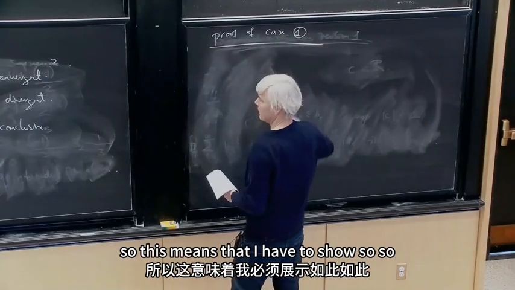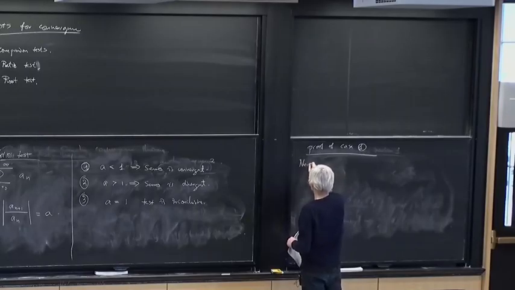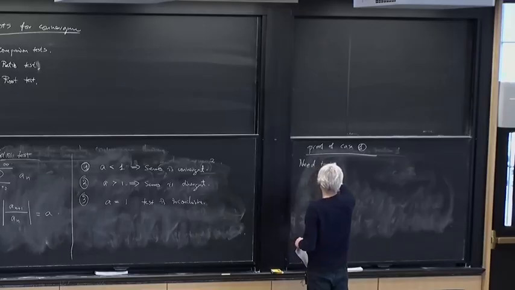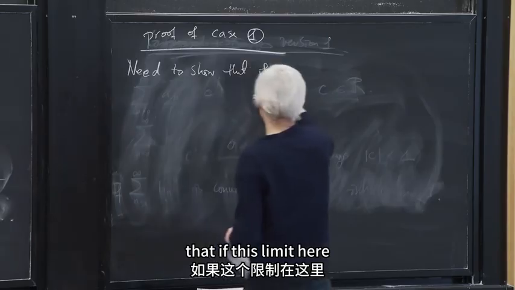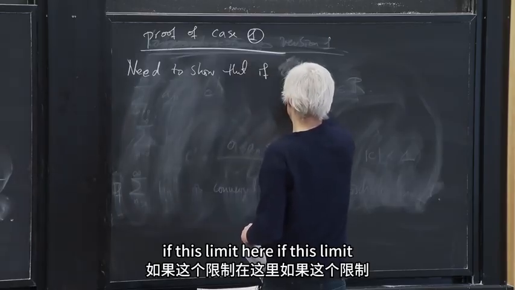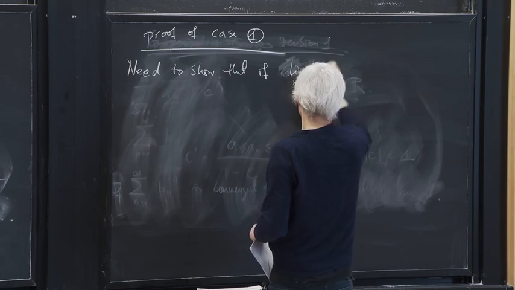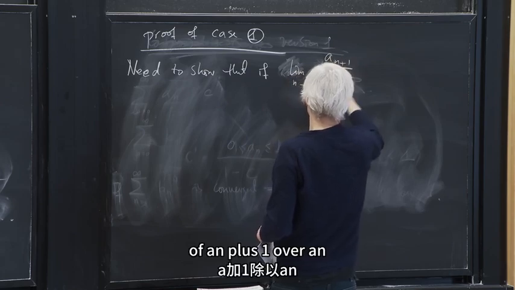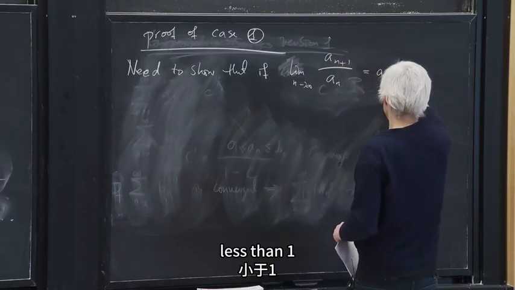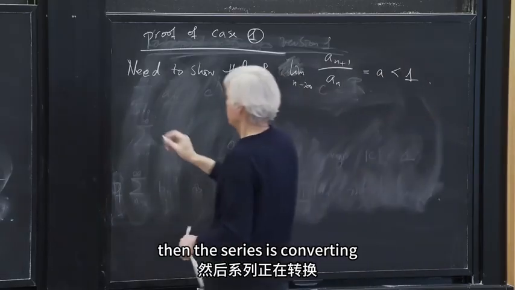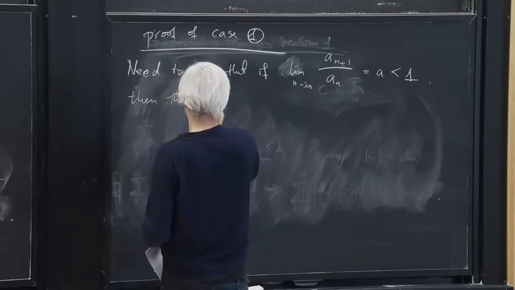So this means that I need to show that if this limit of a_{n+1} over a_n is less than 1, then the series is convergent.